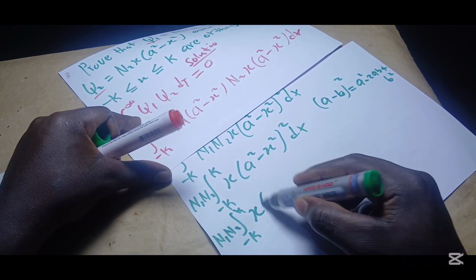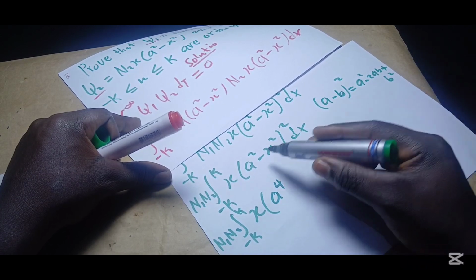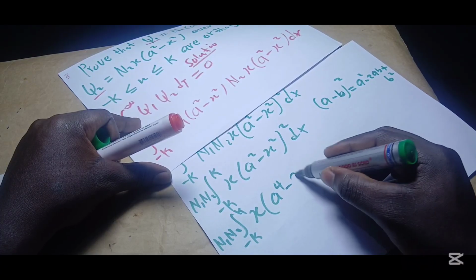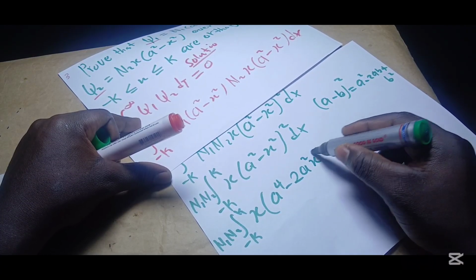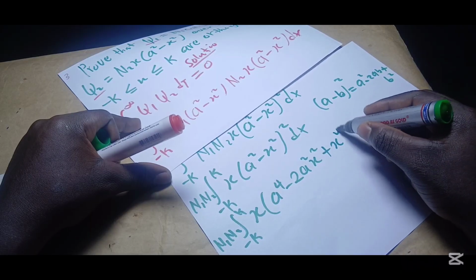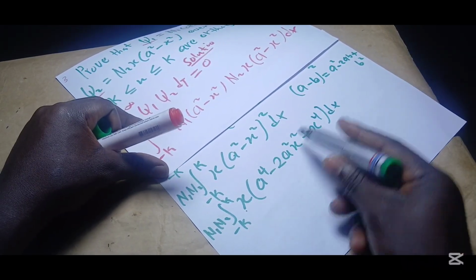So we have our x there. We square a squared, giving us a to the power 4. Then 2 by a to the power 2 multiplied by minus x to the power 2, giving us minus 2a to the power 2 x to the power 2. Squaring x to the power 2 gives us plus x to the power 4, dx. So now let's multiply x throughout.